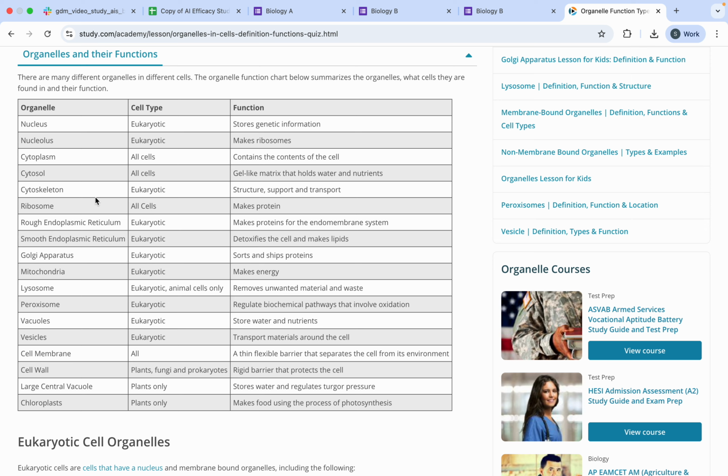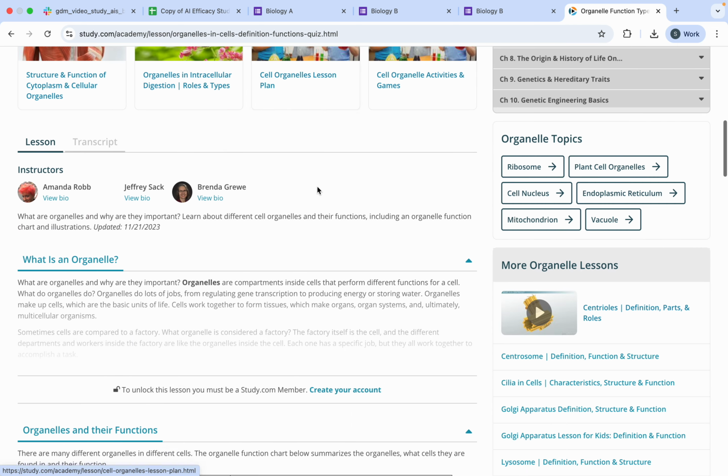Okay, cytoplasm contains the contents of the cell. Cytosol, gel-like matrix that holds water and nutrients. Cytoskeleton, it is a eukaryotic cell type, structure, support and transport. So we can learn with this image, right?